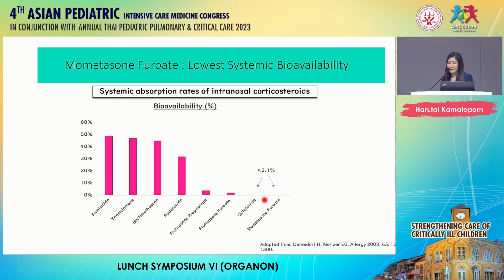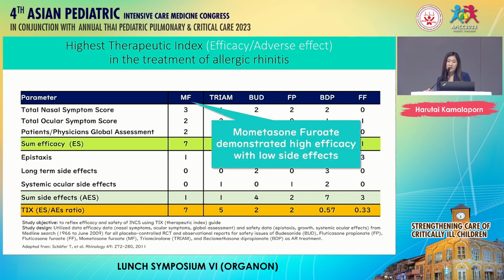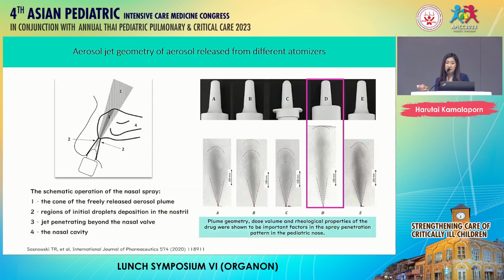That means fewer side effects compared to the others. And it has the highest therapeutic index, with efficacy over adverse effect being very high in mometasone furoate compared to the others. Mometasone furoate demonstrates high efficacy with low side effects.